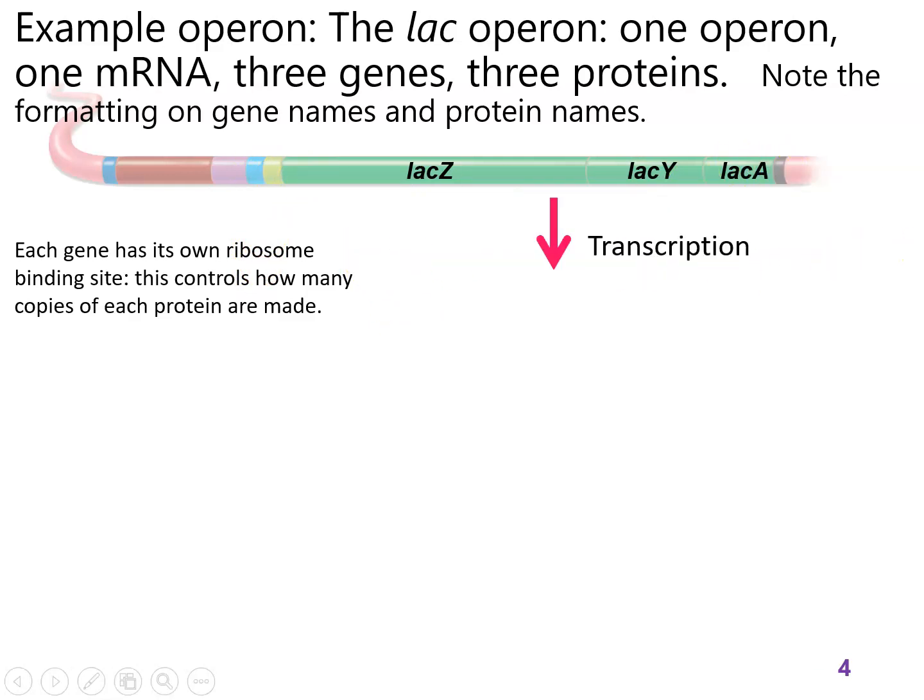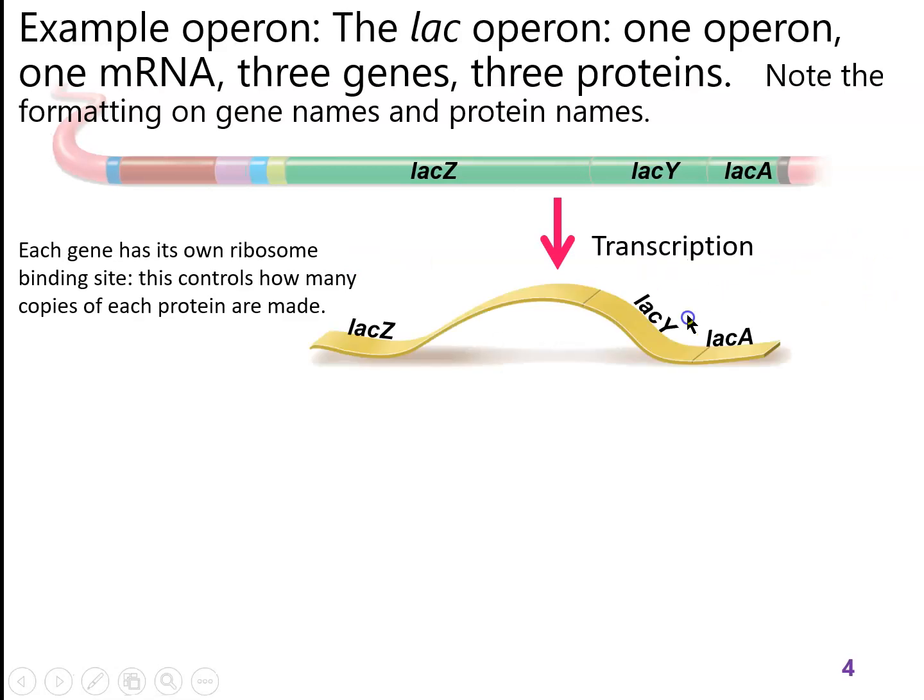And what you'll see once transcription happens is the messenger RNA molecule is going to have all 3 genes. But then ribosomes will attach to this messenger RNA. So remember, RNA polymerase attached here, and it transcribed the whole operon. Well, you're going to have separate ribosomes for each gene.